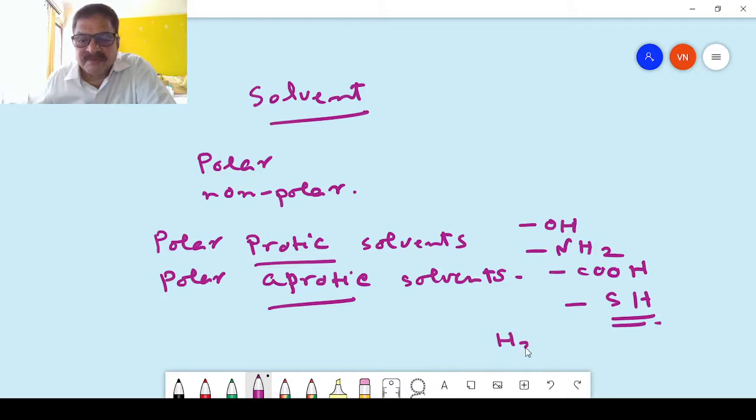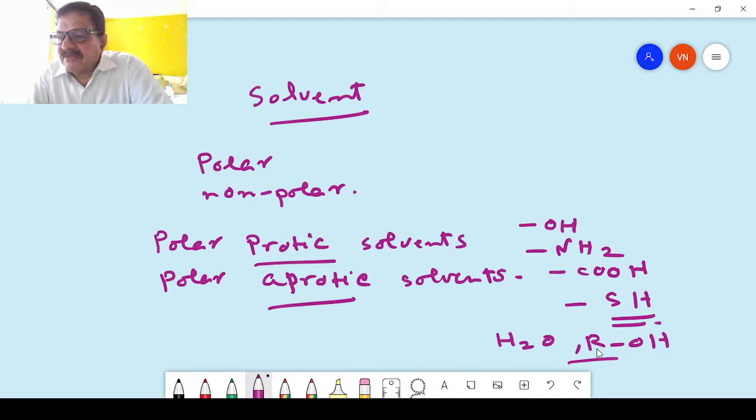These are protic solvents, because they can form hydrogen bonds. Polar protic solvents are capable of intermolecular hydrogen bonding, because they contain an OH bond or an NH bond, as in alcohol, water, and so on. That is polar protic solvents.